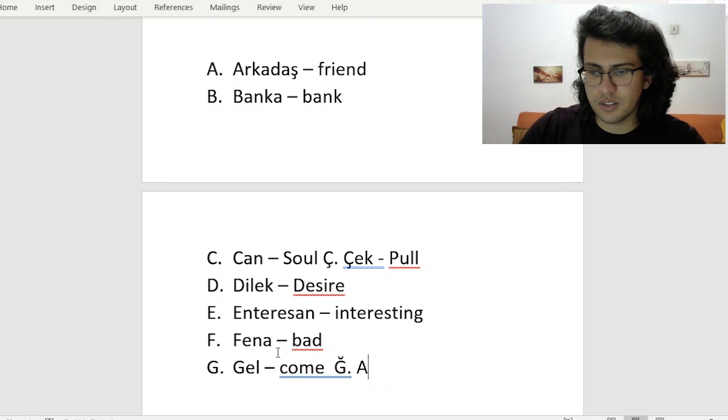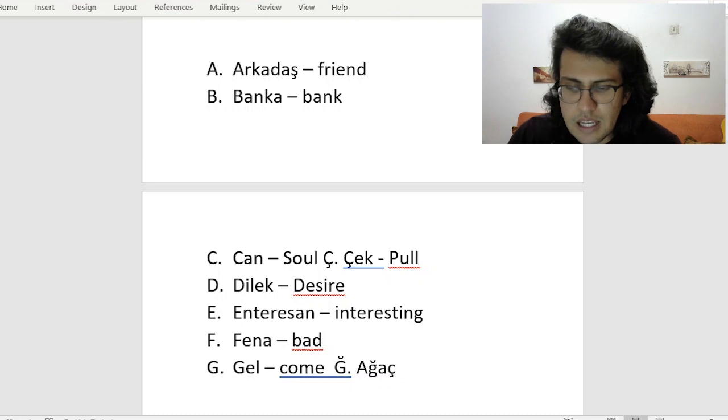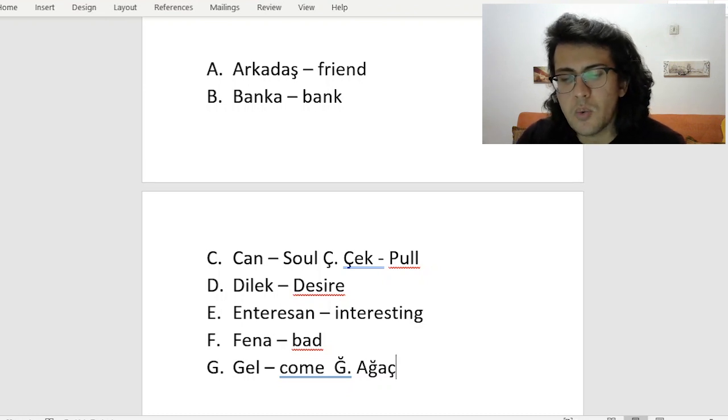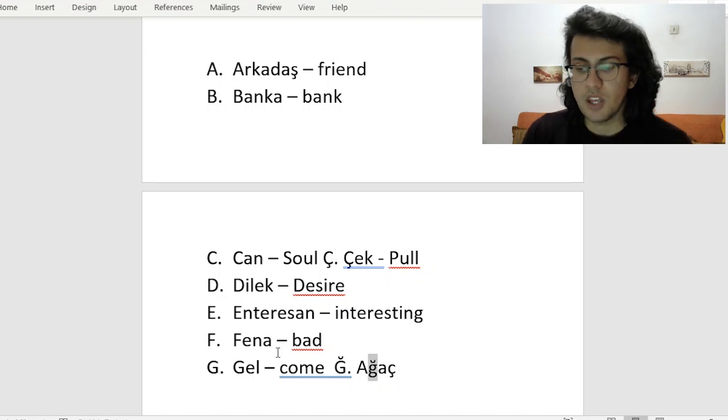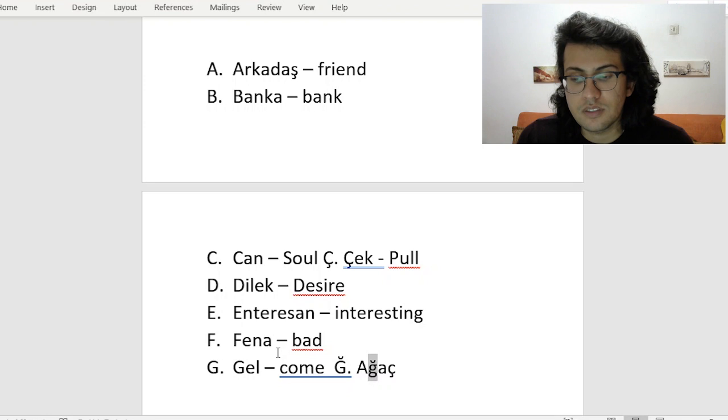Yes, this is great. This is not the perfect one, but let's do it nonetheless. This is arch. Notice how I spent a lot of time on the yumuşak G here. Arch. Let's remove one.